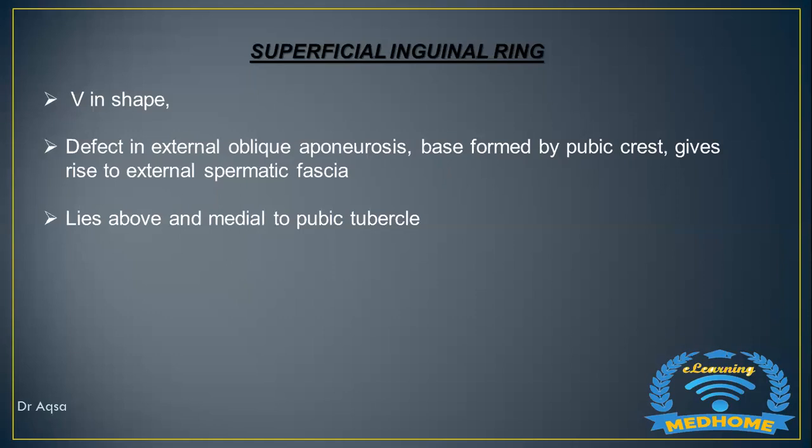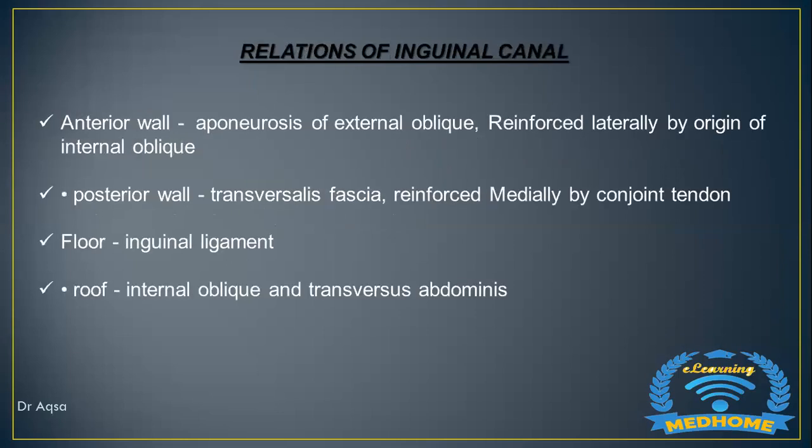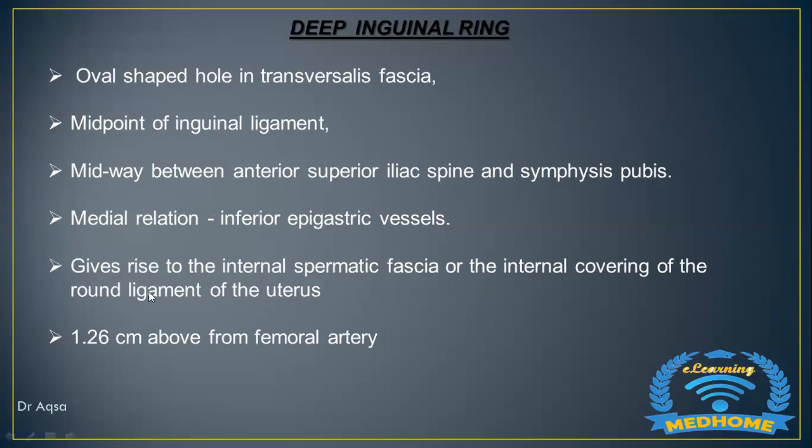While if you remember, the deep inguinal ring is a defect in the fascia transversalis, and it was giving rise to the internal spermatic fascia as well as the fascia covering the round ligament of the uterus.